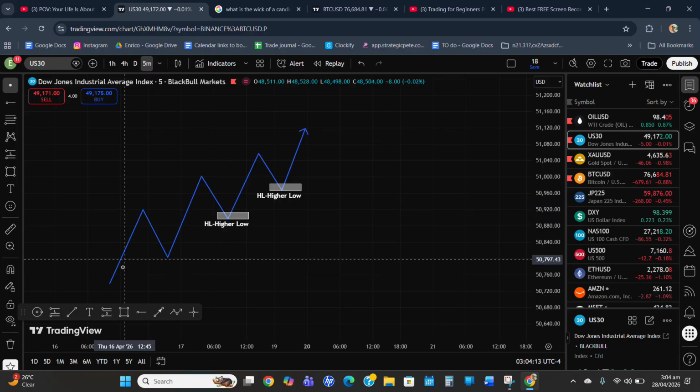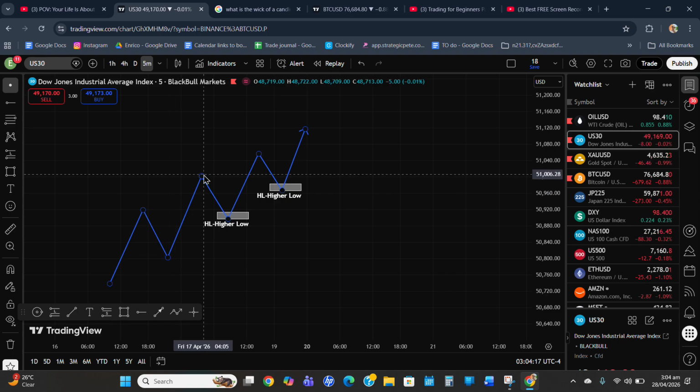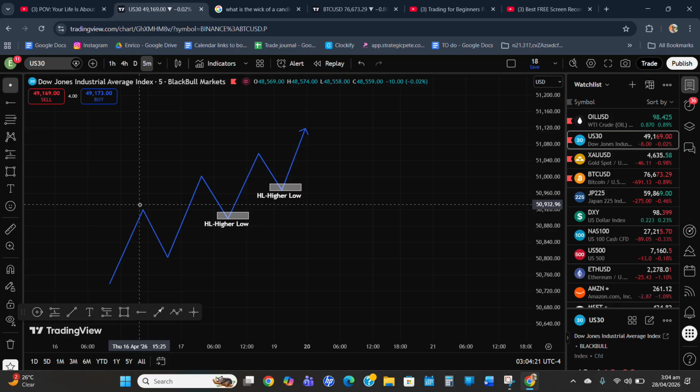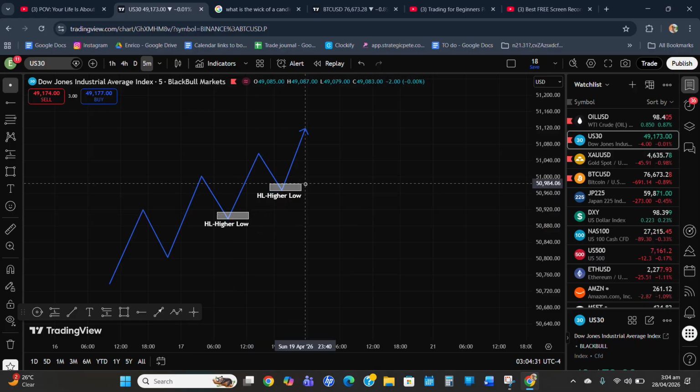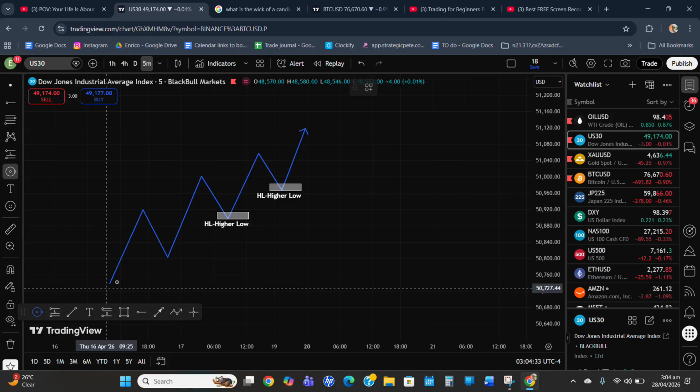Although we came down, we went up, we came down, we went up, and we made a low in the market. So each time we come back down, we're creating a low in the market. This is a low in the market. This is a low in the market. We come down again, this is a low in the market. I'm going to circle the lows.